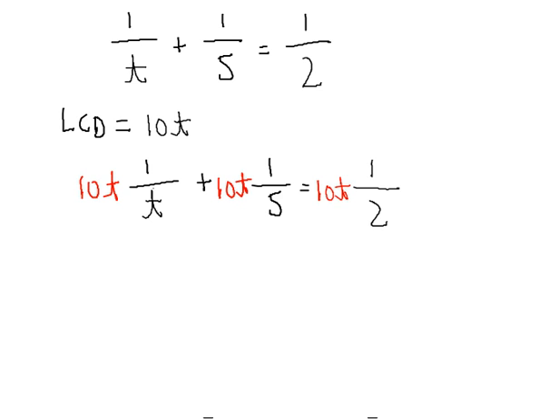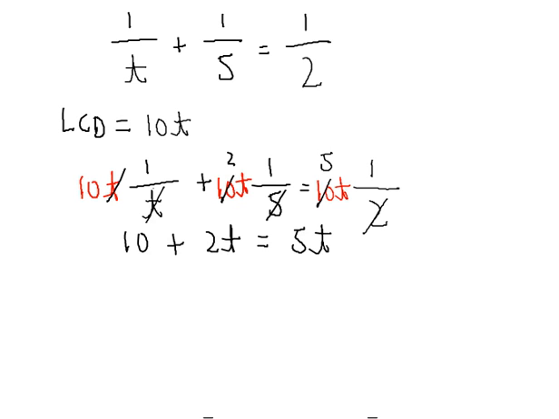In the first term, the t's will cancel, and we're left with 10. In the second term, 5 will divide into 10 twice, and we're left with 2t. On the right-hand side, 2 will divide into 10 5 times, and we're left with 5t.